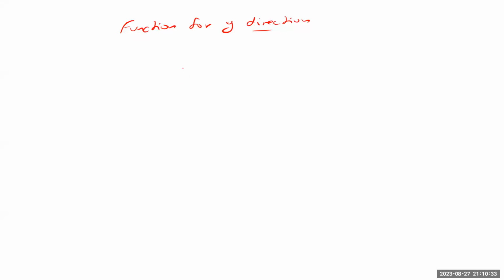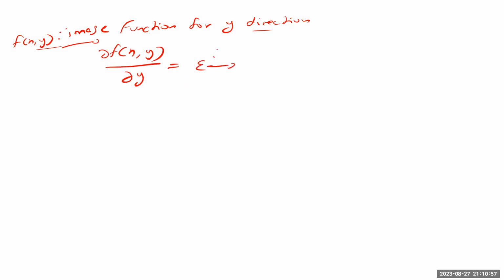So I will write the function for y direction for your reference. So it's ∂f(x,y). This is the image. x,y is the image. Or ∂f/∂y is equal to the limit as epsilon goes to 0.